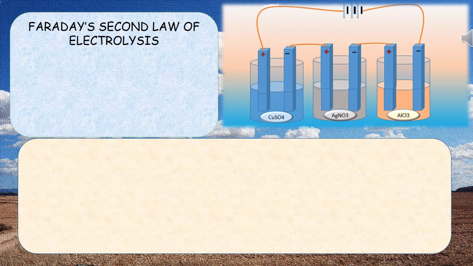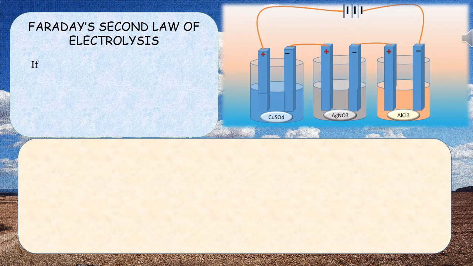Faraday's second law of electrolysis. For that we have taken 3 solutions: copper sulfate, silver nitrate and aluminum chloride, and they are connected in series so that the same amount of electricity flows through these 3 solutions.